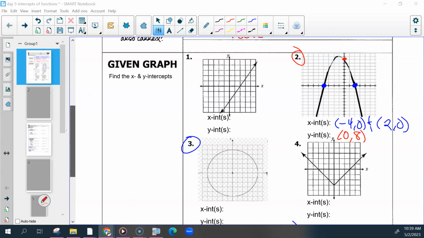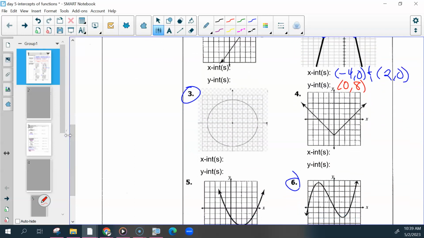Right. Number 3, where does this cross the x-axis? -5 is one of them. Where else? +5 is the other.